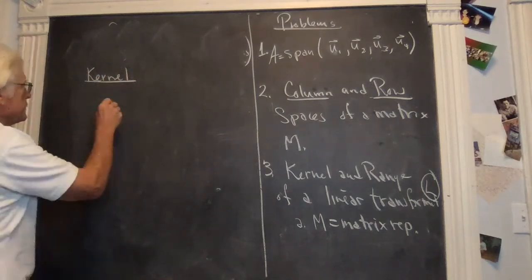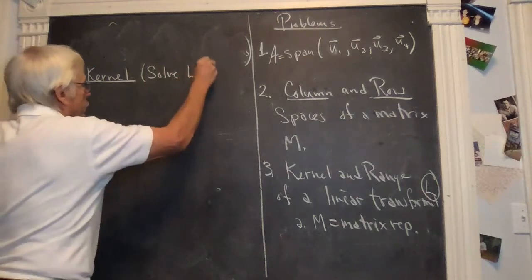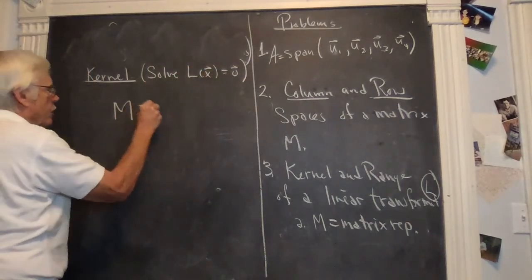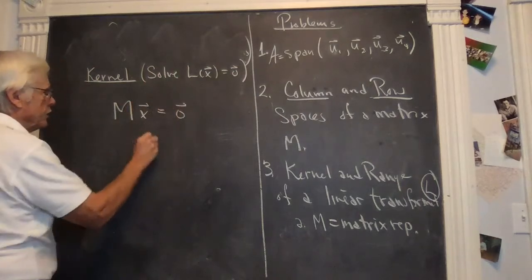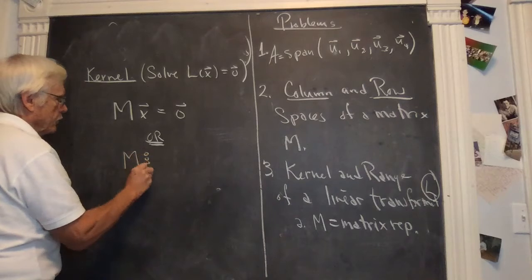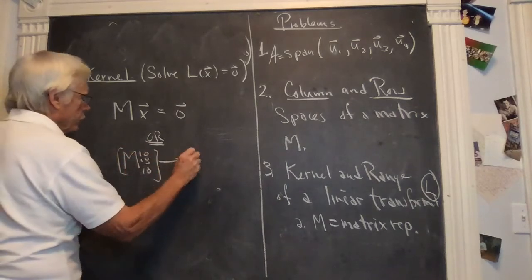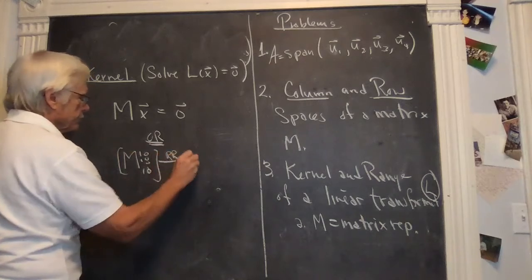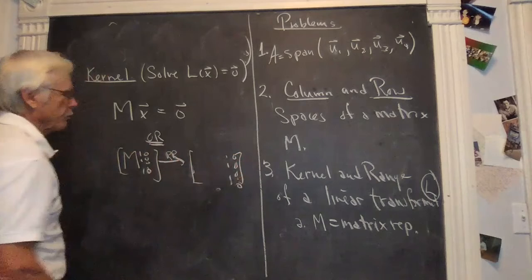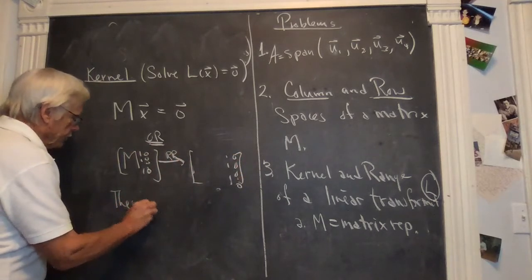For the kernel, the idea is to solve L of x equal to the 0 vector, or solve this matrix equation. The way you do it is augment M with the zeros and row reduce. You always get zeros in the last column. Row reduce, and then these are equations.